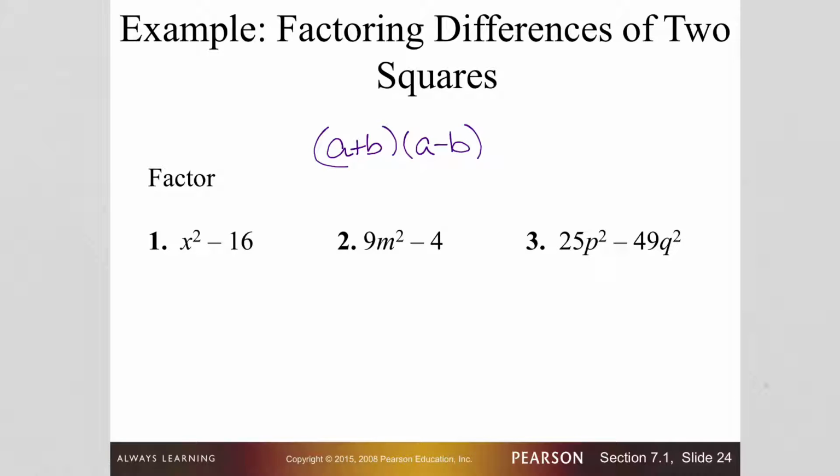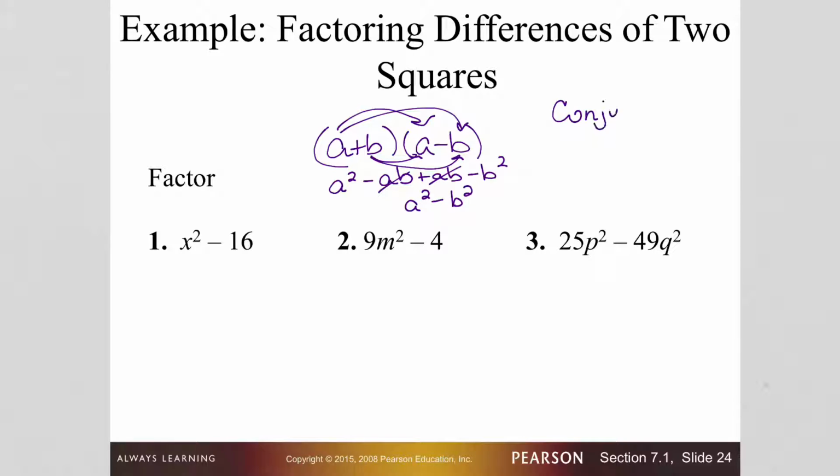And what happens whenever you multiply these guys out, you get a middle term that turns into 0. And these guys cancel because one's positive, one's negative. So you wind up with a squared minus b squared. So this is a conjugate pair. Your middle term drops out on conjugate pairs.